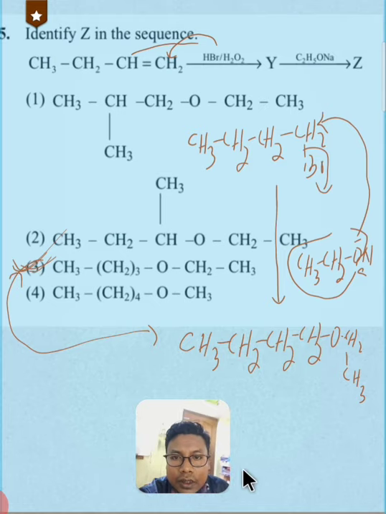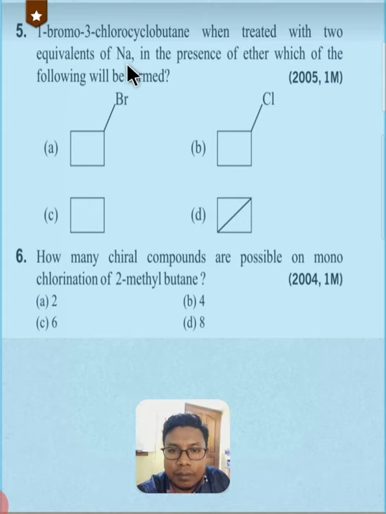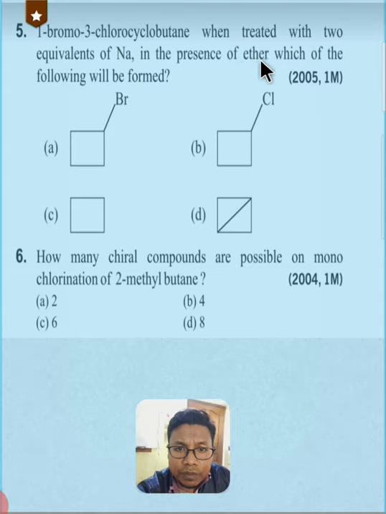Okay, now let me go to the next question. Last two questions. 1-bromo-3-chloro-cyclobutane when treated with 2 equivalents of sodium in presence of ether, which of the following will be formed? This is the Wurtz reaction, and it was asked in IIT 2005.